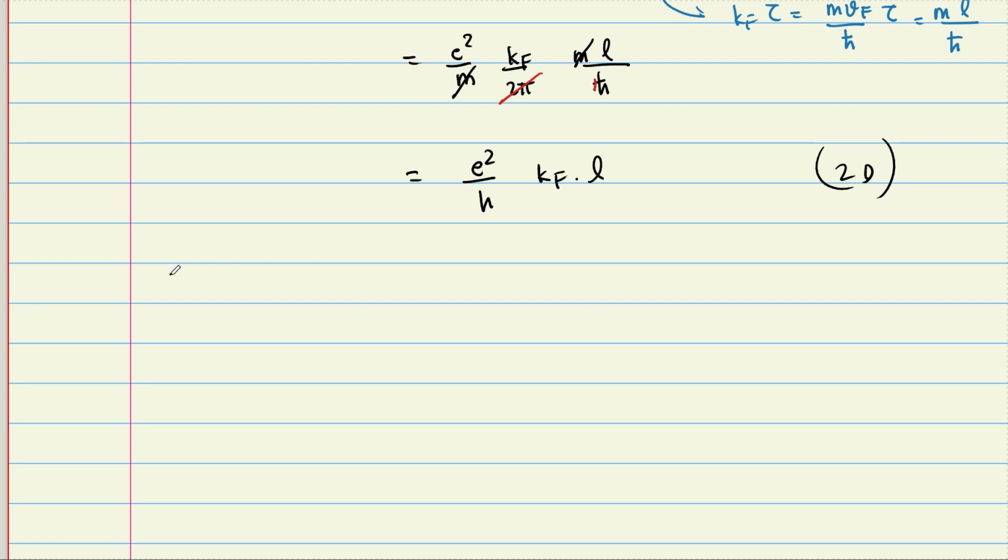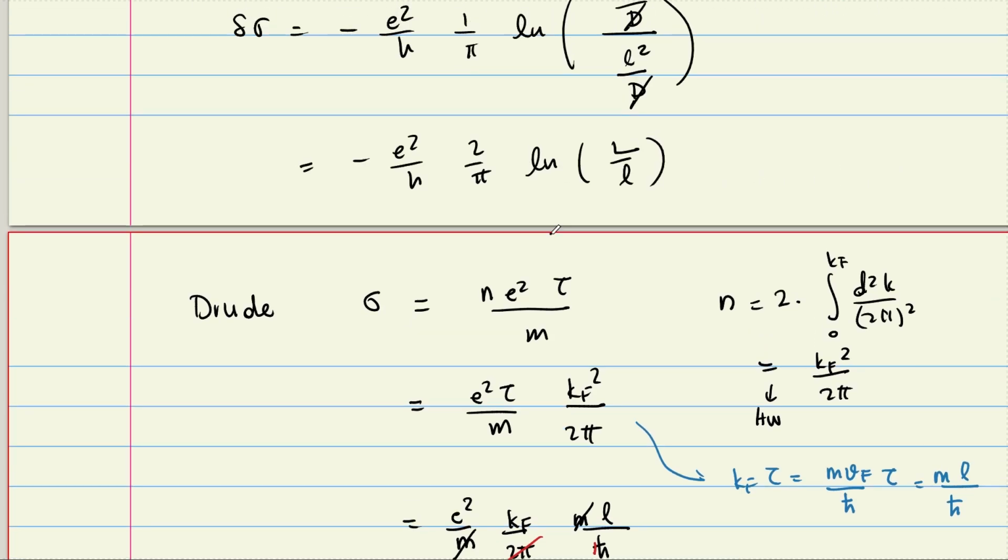Then when sigma minus delta sigma is equal to 0, this is full localization, and this one will give us e squared over h times k Fermi times L. So this is this result, and for the correction we calculated this result. Let me just copy this.